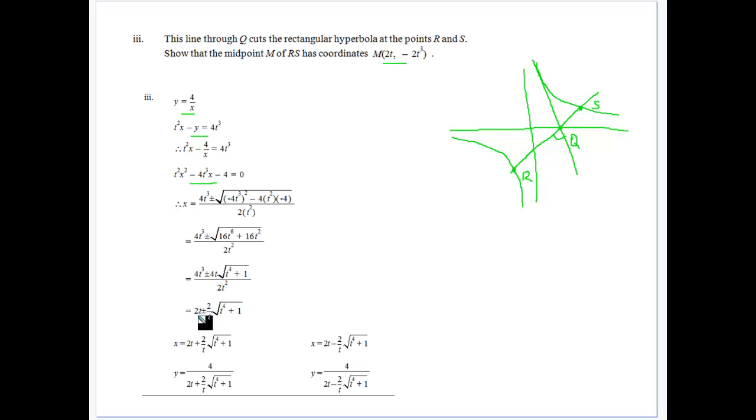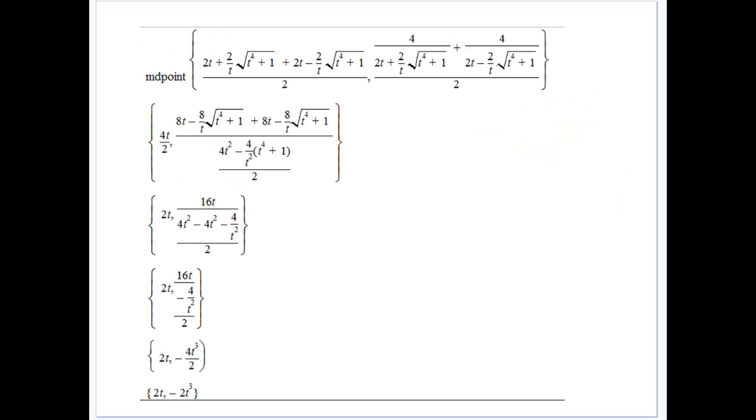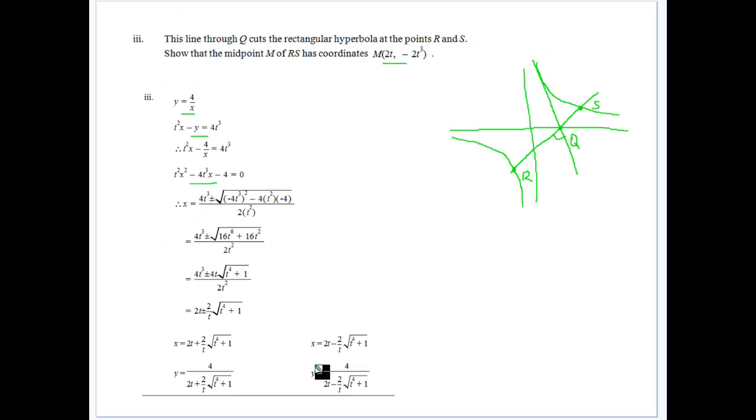And that gives us these two values, 2t plus 2 on t, square root of t squared on plus 1, and we've got the same thing, except it's minus there. Now, getting the y values, well, it's not too bad, because what we've got to do is put 4 over that, because it satisfies the hyperbola. Now we've got our points for R and S.